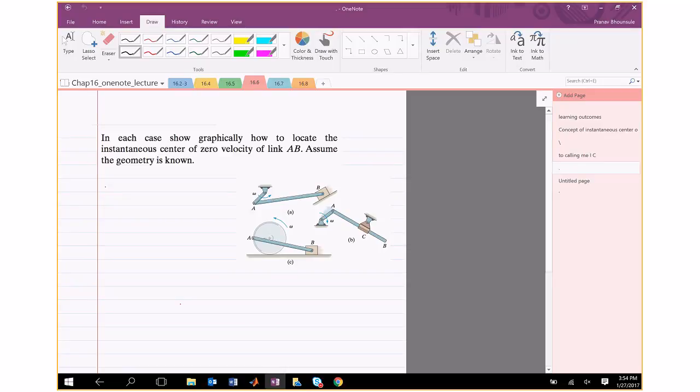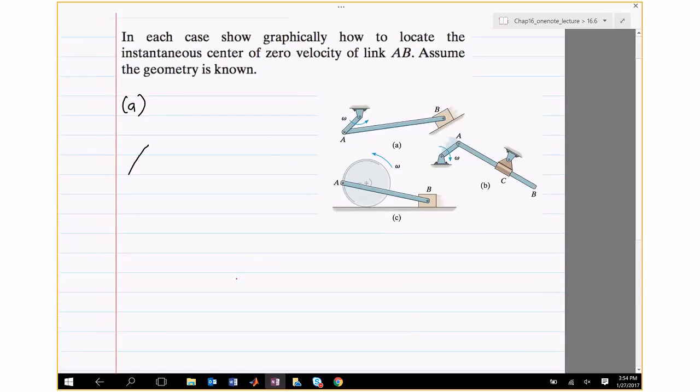So let's start with A. Now, in order to draw the IC, the simplest thing you can do is, first, we want the IC for AB.